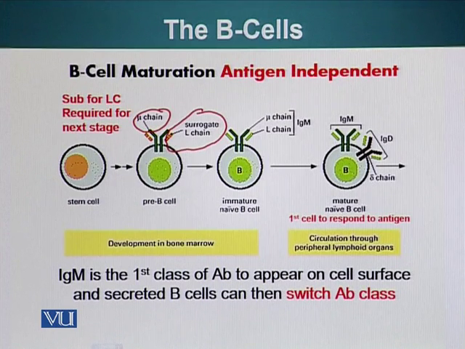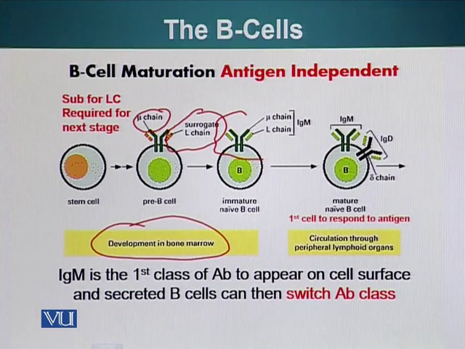And when that happens, our pre-B cell becomes an immature naive B cell. So in this state, the B cell now has a proper IgM antibody with its heavy mu chains and 2 light chains. So this is an immature B cell. This part of B cell development happens in the bone marrow.